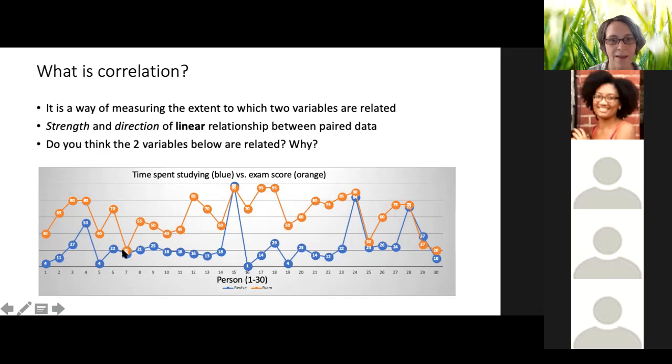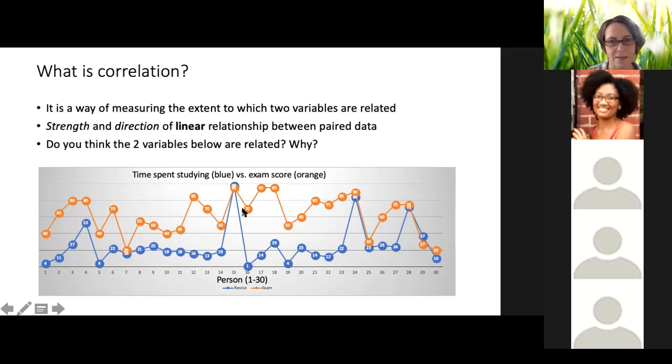And conversely, if they have a relatively low exam score, like here, they also have relatively low study time. So lower values correspond to lower values. You also see here, these are lower scores, also relatively low study time. So that is a lower score overall. So that's a lower study time overall.